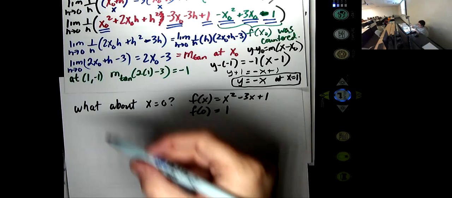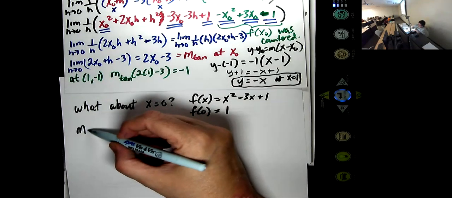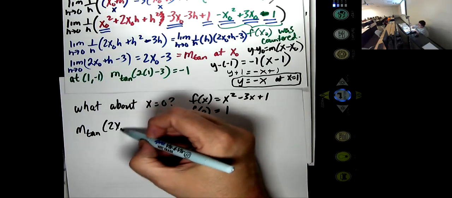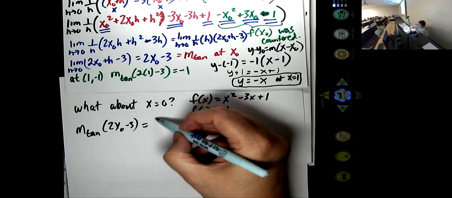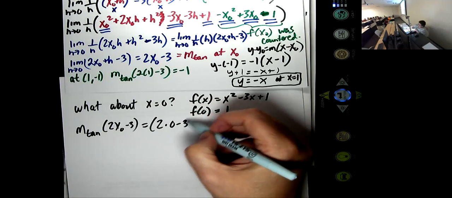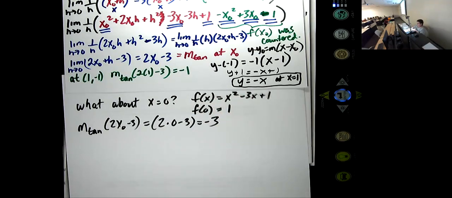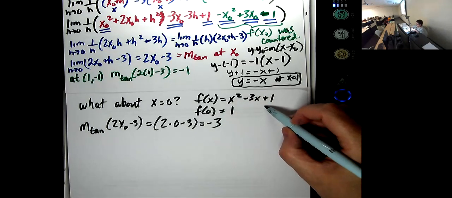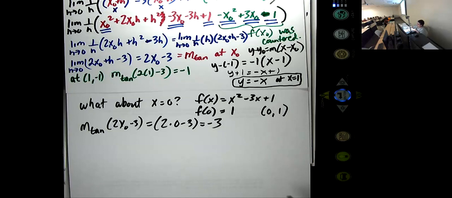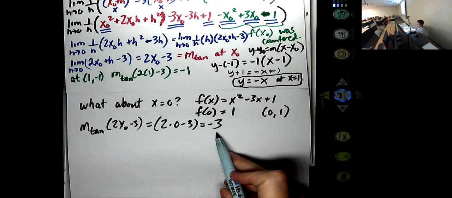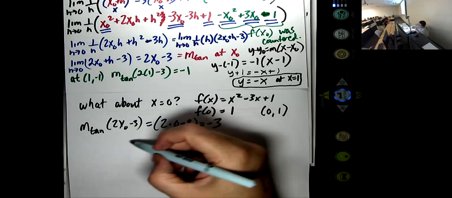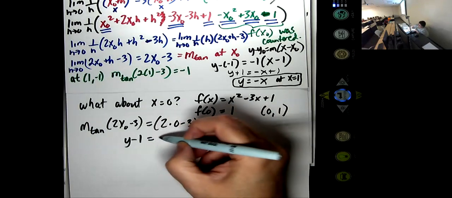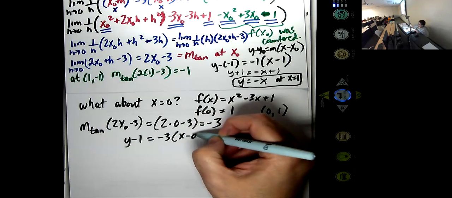And now we're going to do our m tangent is 2x naught minus 3, which is 2 times 0 minus 3, which is negative 3. And so at x equals 0, we've got y equals 1. We're looking at the point 0, 1 with this slope right here. And our tangent line is y minus 1 equals negative 3 times x minus 0.